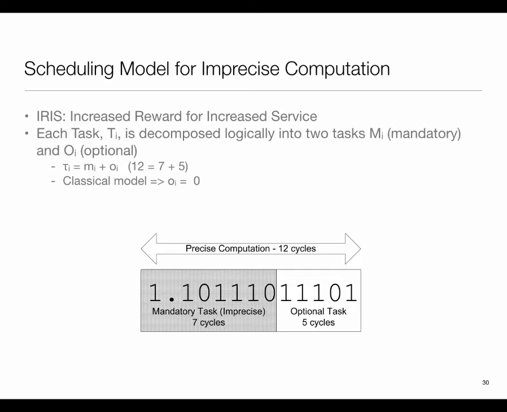But if we think in terms of time in a real-time setting, then you can think of every task as having a mandatory portion, that is, the bare minimum quality that you absolutely must have for it to work, and then there's an optional component. These correspond to time, the mandatory time and the optional time.